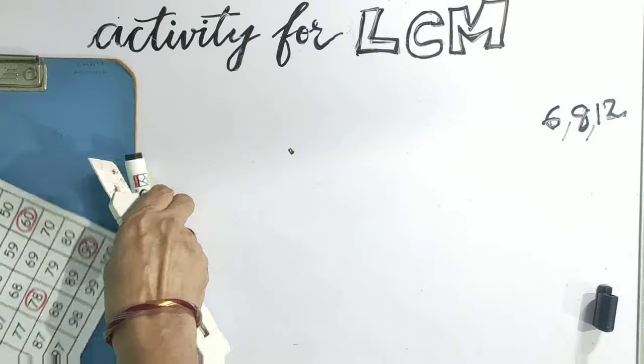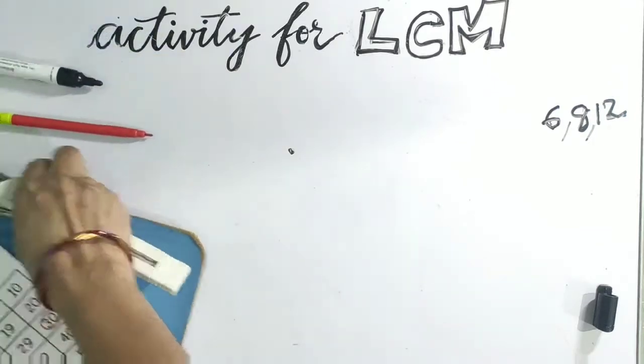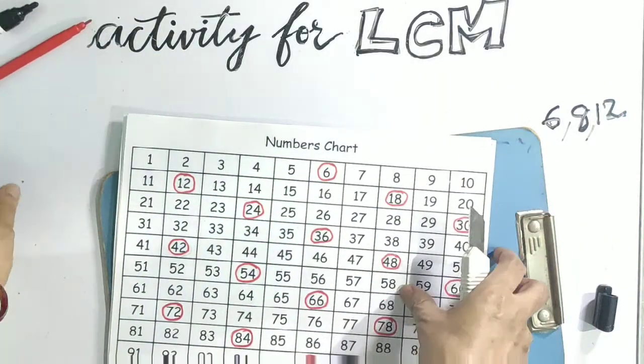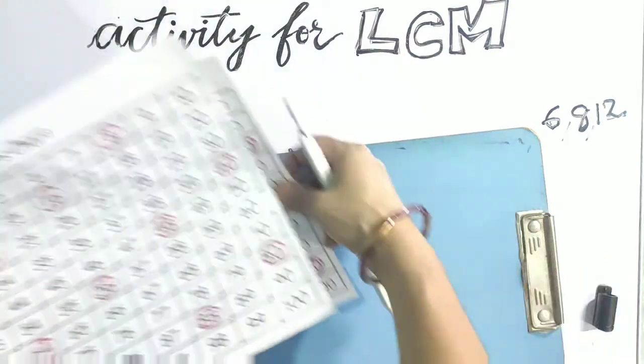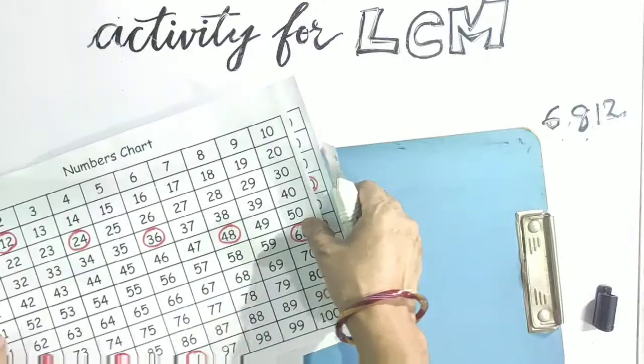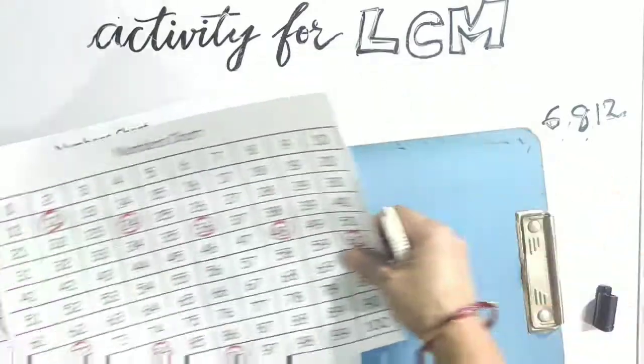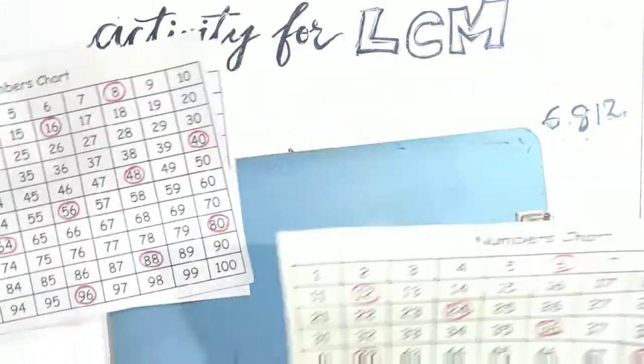You will have to cut all of them with the help of a cutter. So see here, first you will have to take the multiples of 6 in this number chart.